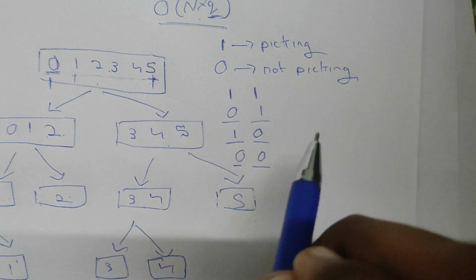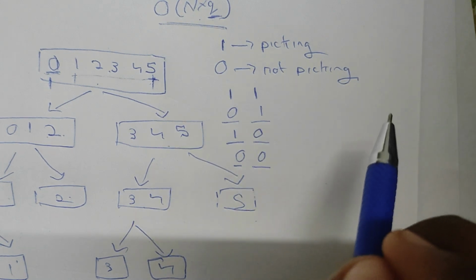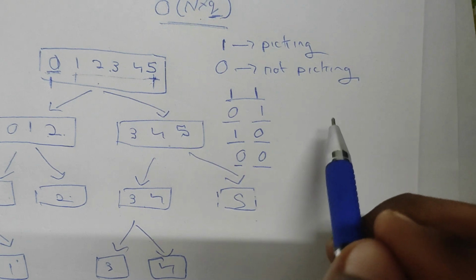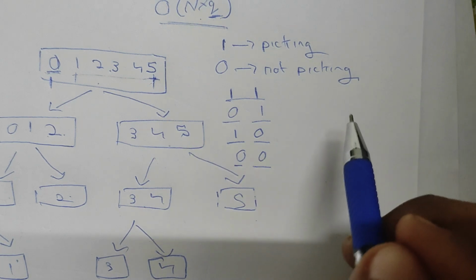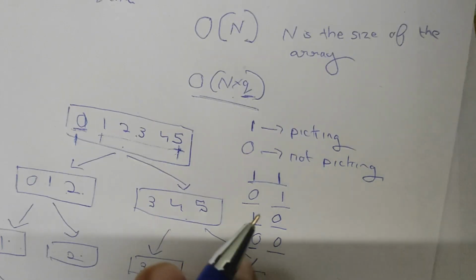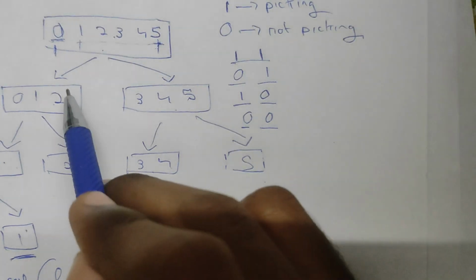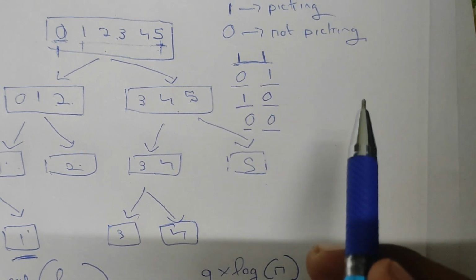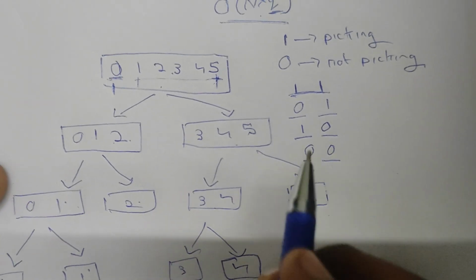So these are the possibilities that we have. And how will we compute the values for each of these possibilities?